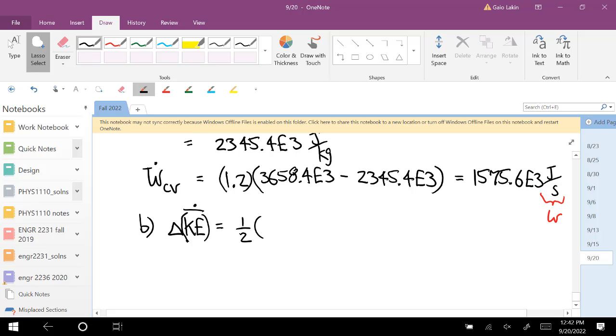So 1/2 times 1.2 times the speed squared at the inlet minus the speed squared at the exit, and you get a value of negative 480 joules.